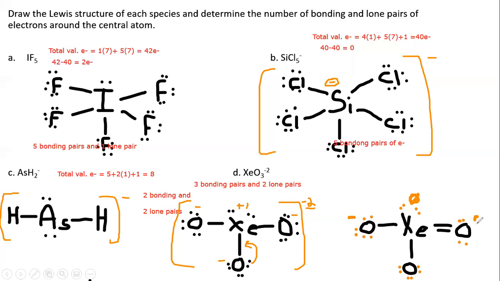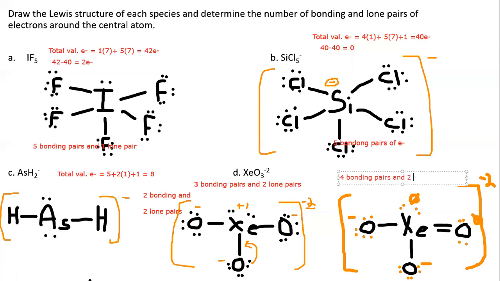This oxygen is 0, and this oxygen is negative. So now you still have an overall charge of negative 2. And I don't believe I put this answer choice as one of the correct answers in the question, but it is correct. So here you would have 4 bonding pairs and 2 lone pairs.